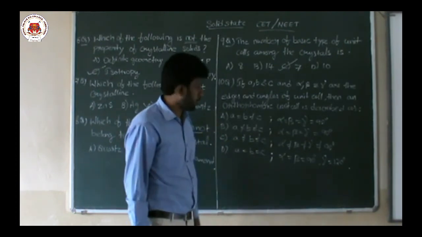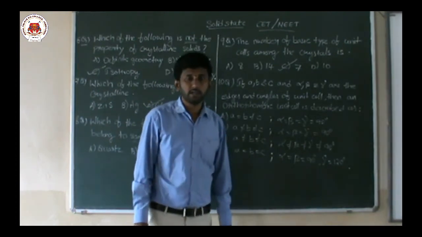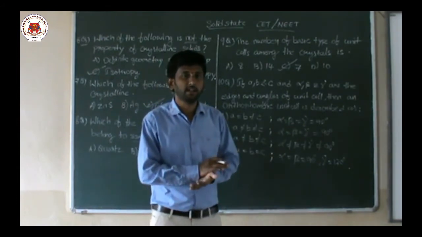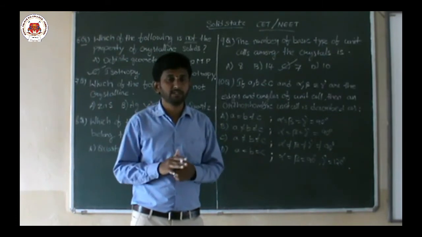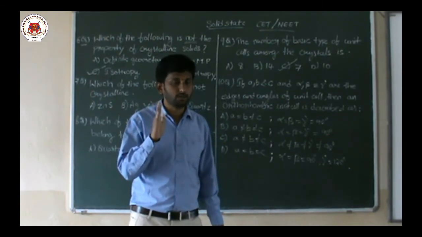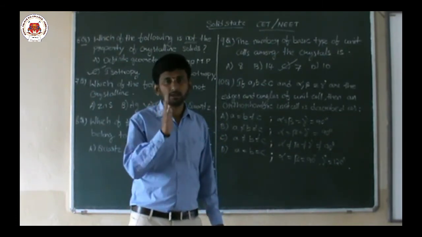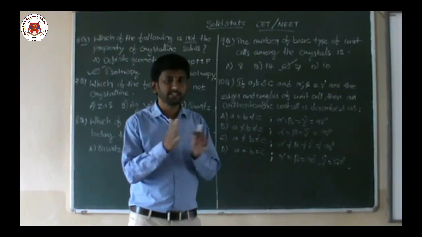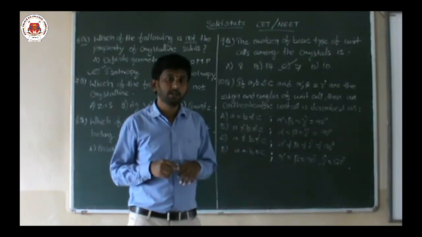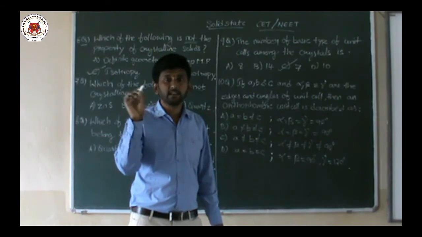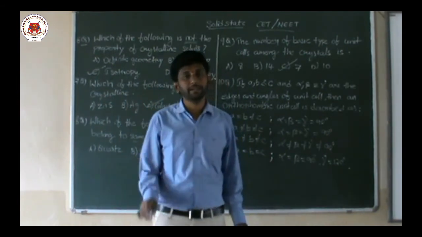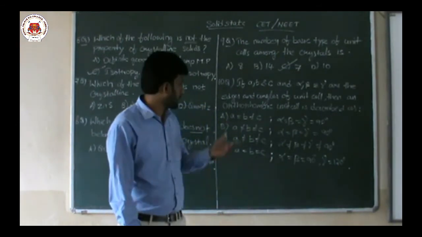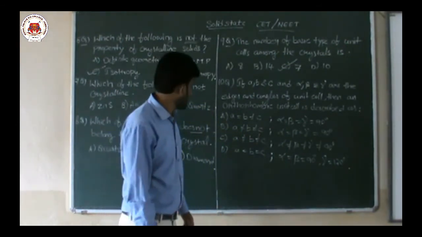You know that in the orthorhombic unit cell all the edges are unequal, means a is not equal to b is not equal to c. All the edge lengths are different. But all the angles are equal to 90, means alpha is equal to beta is equal to gamma is equal to 90 degrees. So the option that matches is B.